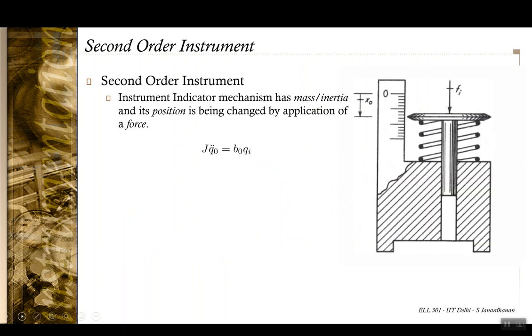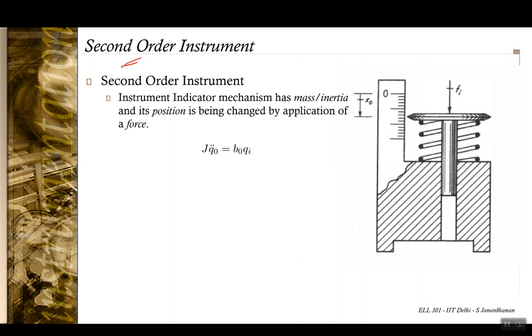Now let's get into second order instruments. A second order instrument, as we had seen earlier, is an instrument where the input affects the second derivative. That is like a force to position relationship.